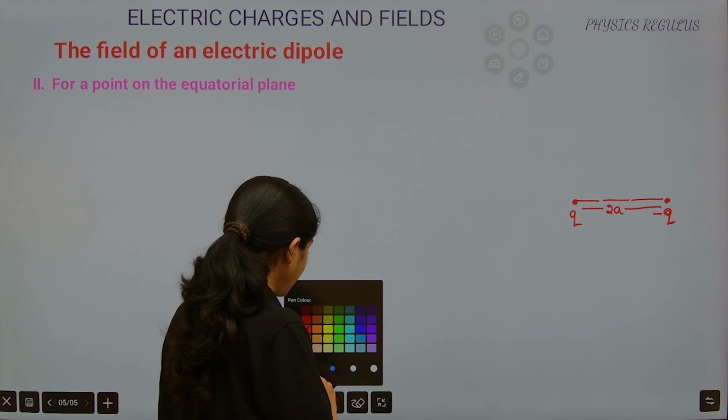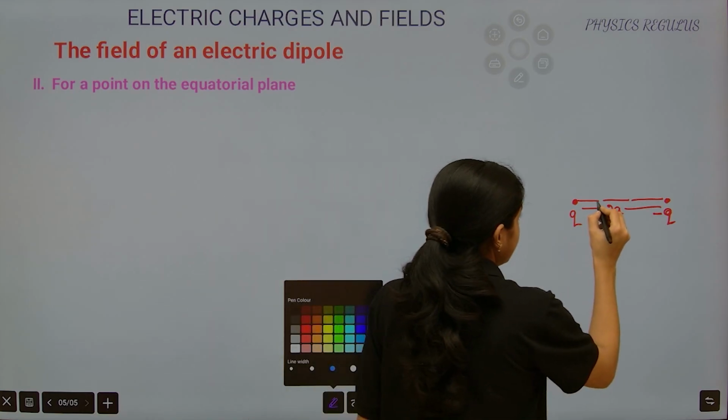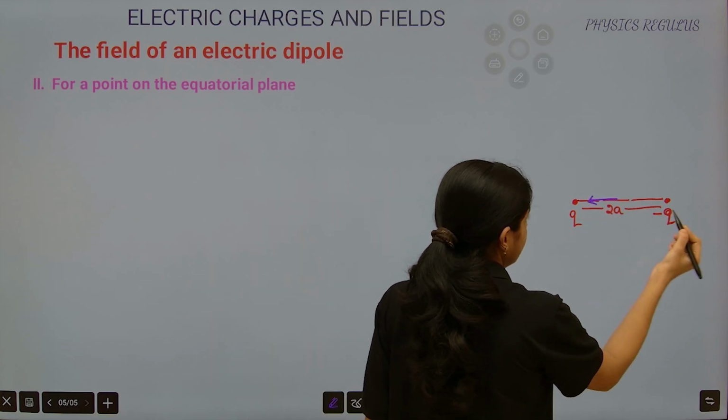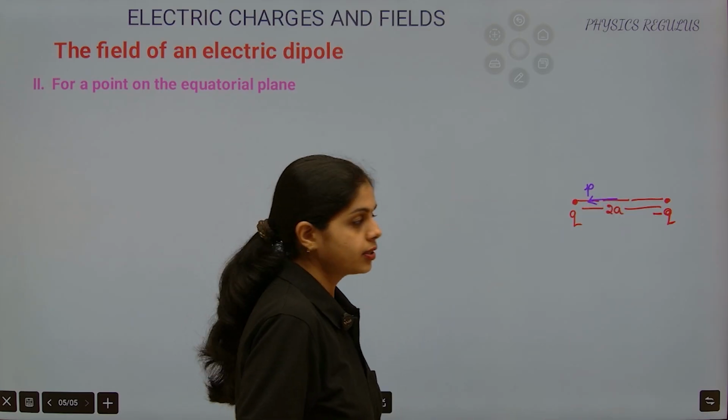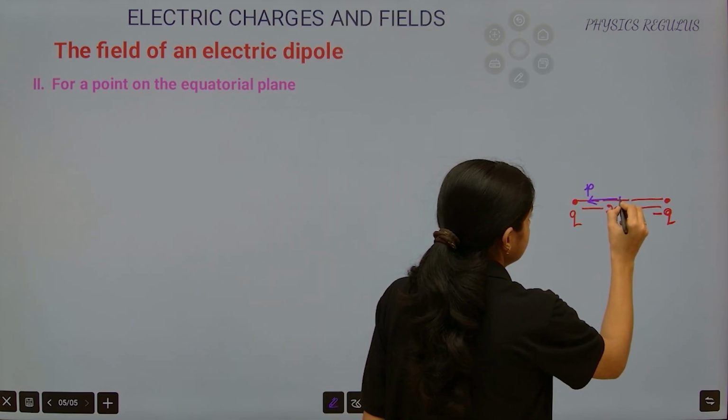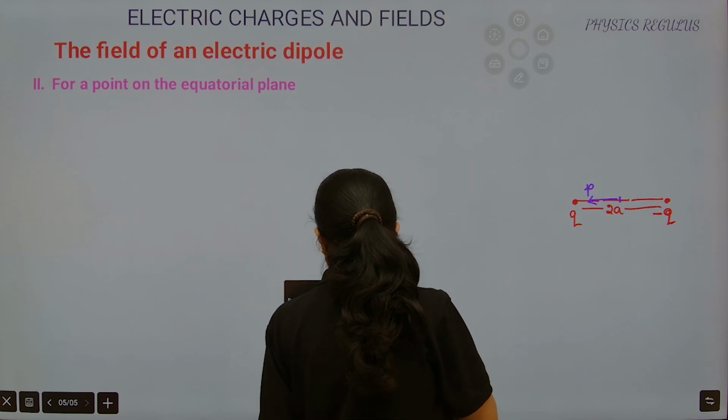What is the direction of dipole moment? The direction of dipole moment is from negative charge to positive charge. And this is the center of the dipole.